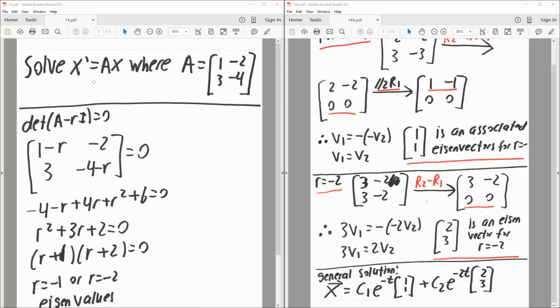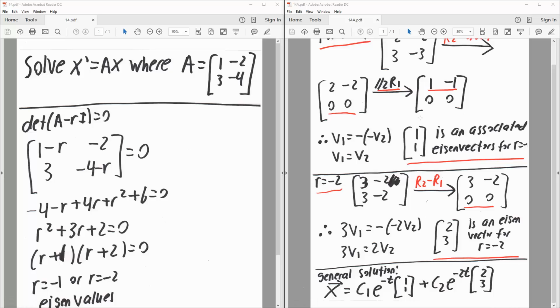But now we want to solve x prime, like we want to solve this. And so we say the general solution would be denoted by x vector is equal to c1 e raised to negative t because our two eigenvalues were negative 1 and negative 2. So negative t is because we have negative 1 for this one.